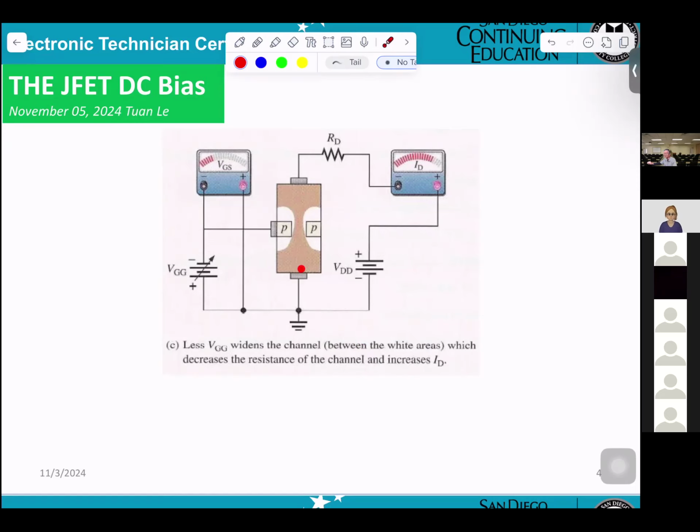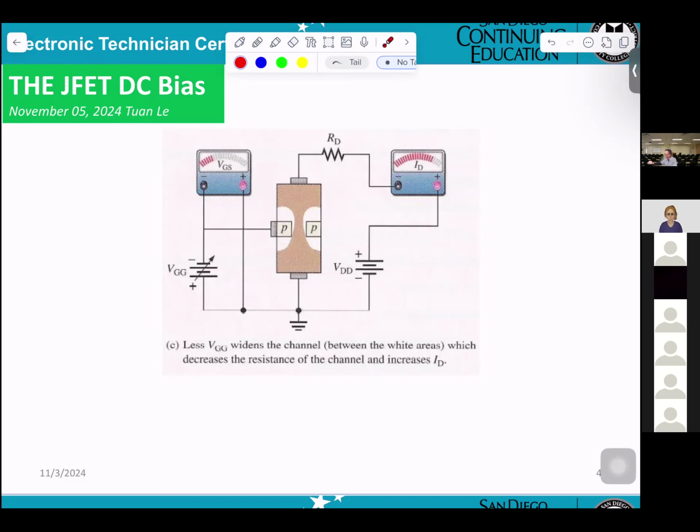That only tells you there will be more electrons moving, which means more current flowing from the drain to the source, which decreases the resistance of the channel and increases the current ID.